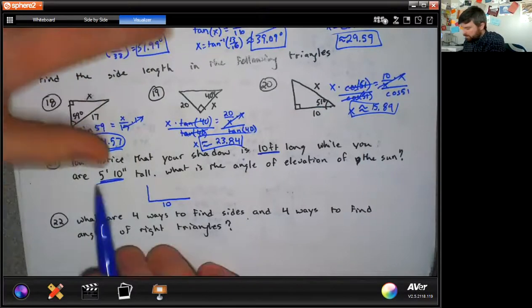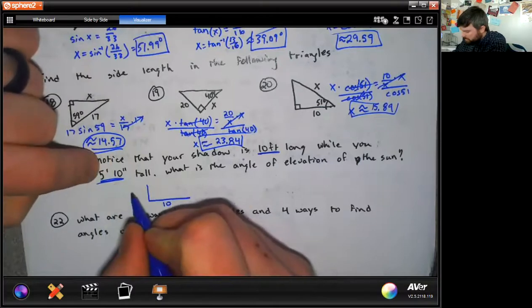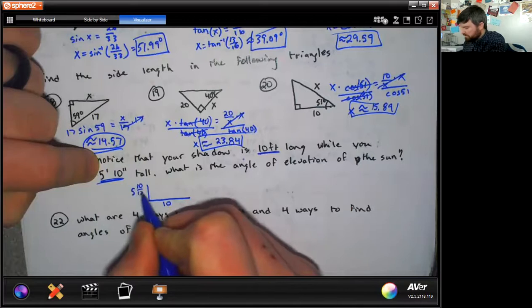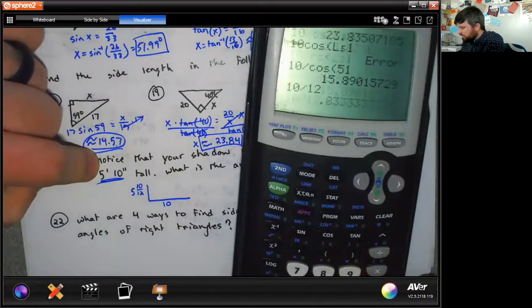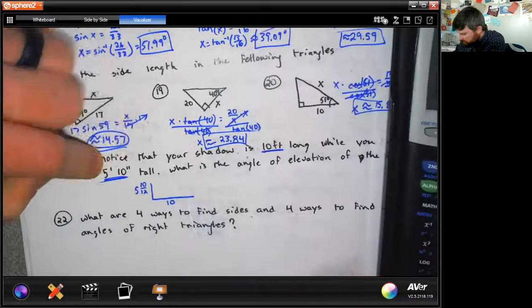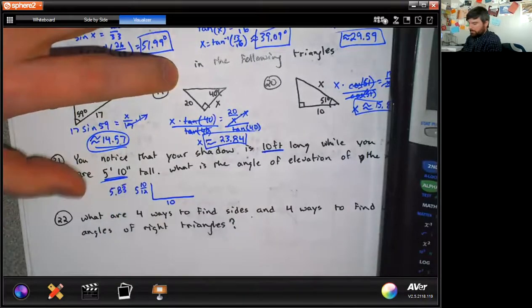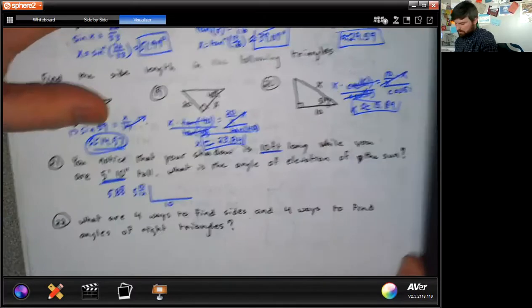Let's get them both into feet. 5 feet, 10 inches would be 5 and 10 over 12, and 10 over 12 is 0.83 repeating. So we have 5.83 repeating.